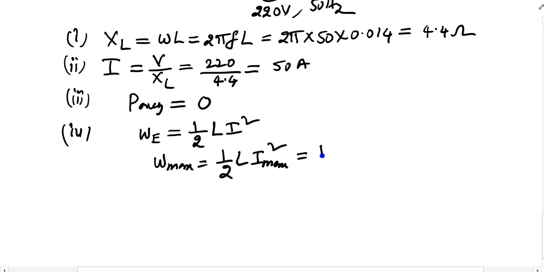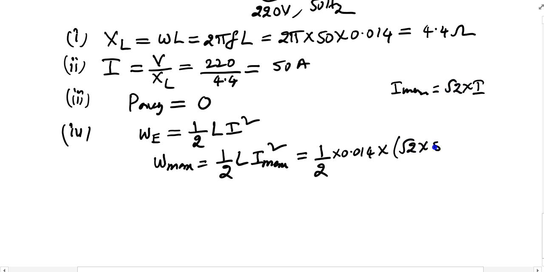So I can write 1 by 2 into L, which is 0.014, into I max squared. I already know I, and I max I can get from root 2 into I, which is root 2 into 50. If you do this, you will get the energy in joules. So this is how you can solve it.